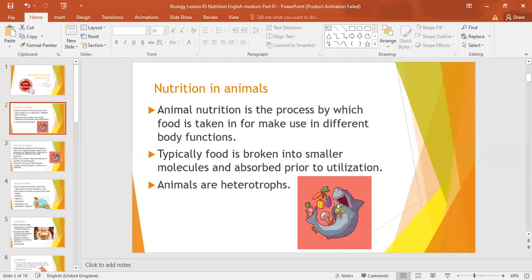Mainly we consider plants as primary producers, but there are some other organisms, like some bacteria and some protists, that are autotrophs. But mainly we can say primary producers are plants. Anyway, animals are heterotrophs.